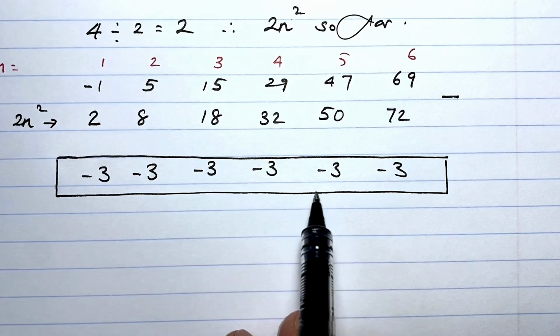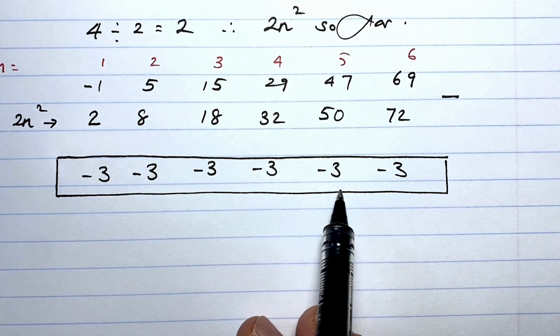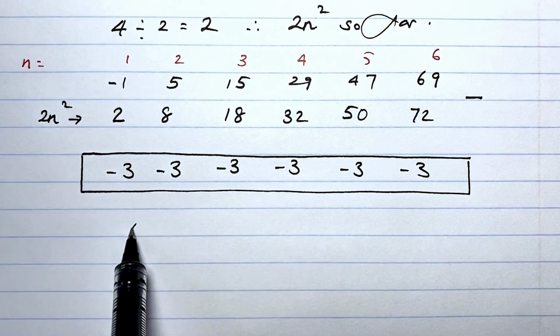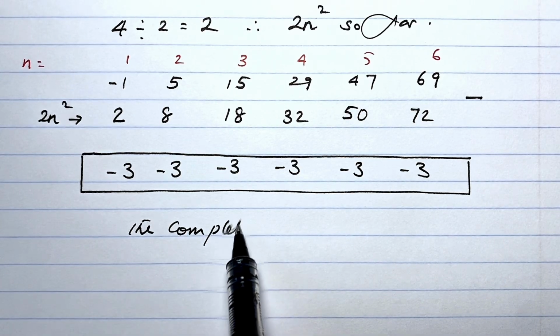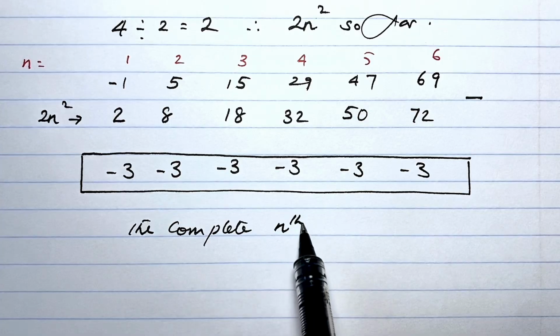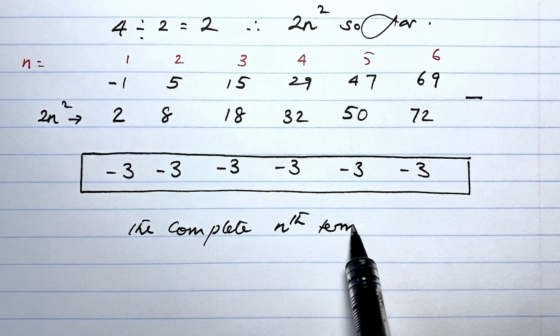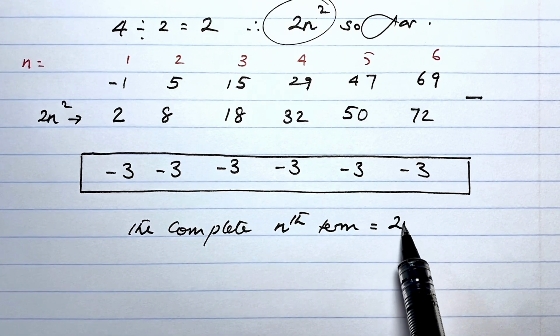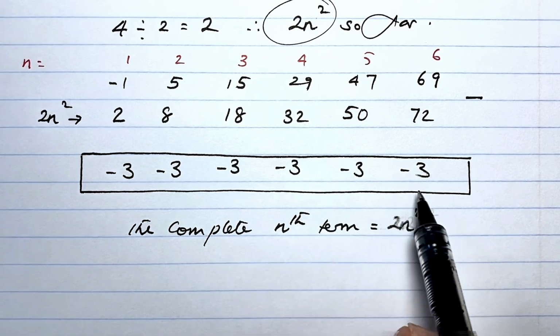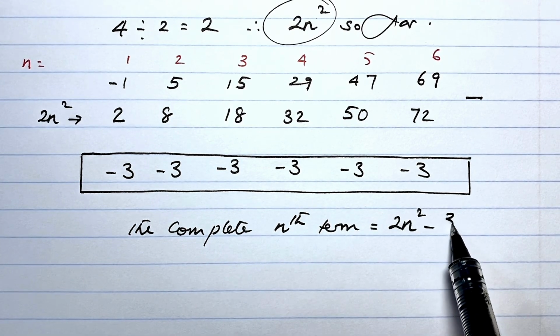It's already a pattern. I can find the nth term. So the complete nth term equals the first part of the formula together with the last part, which is just minus 3.